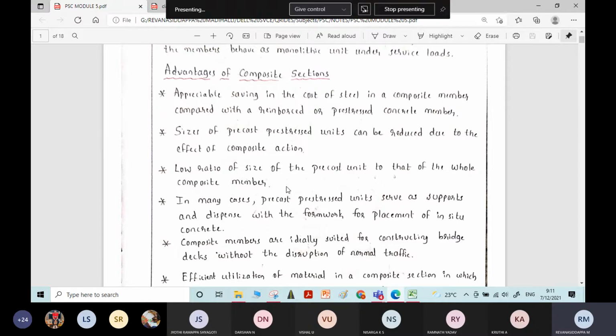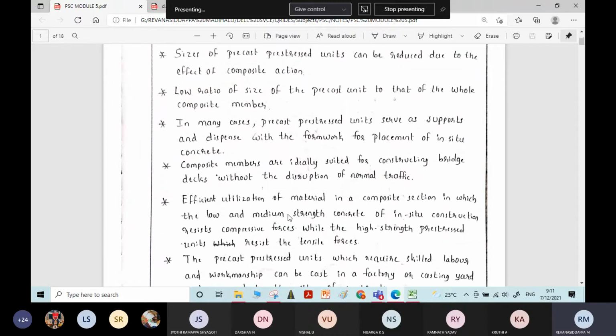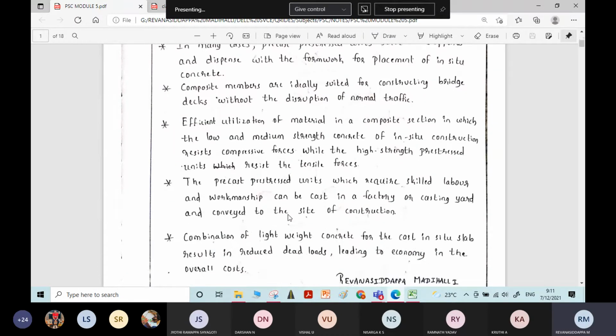Whatever tensile stresses are induced will be taken care of by the PSC element, which is made up of high grade concrete. In that way, effective utilization of the material takes place, and obviously there will be savings in the cost of construction.